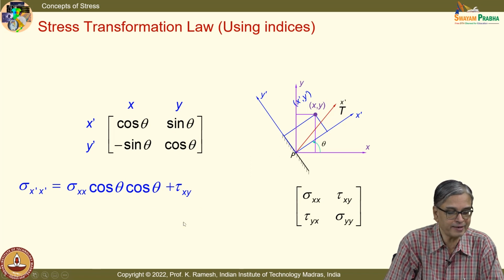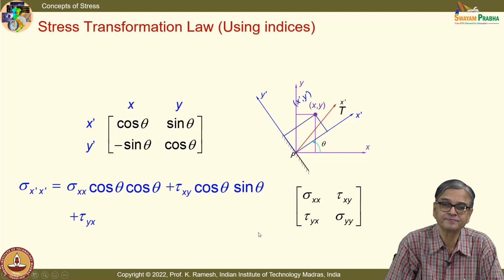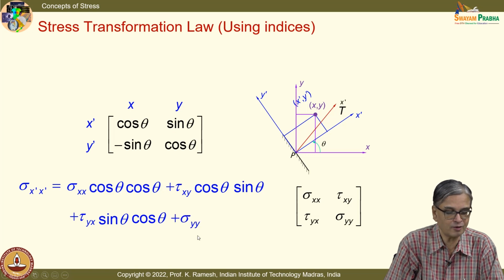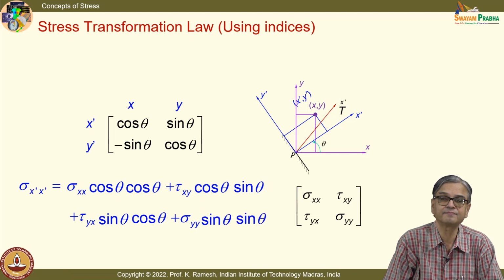I have x prime x cos theta, I have x prime y, that is sin theta. And I go to the next term, tau yx. I have x prime y is sin theta, then x prime x cos theta, plus sigma yy. I have this as sin theta multiplied by sin theta.